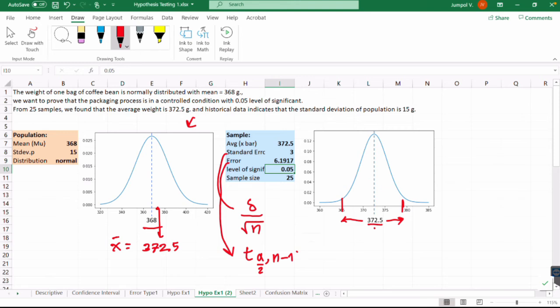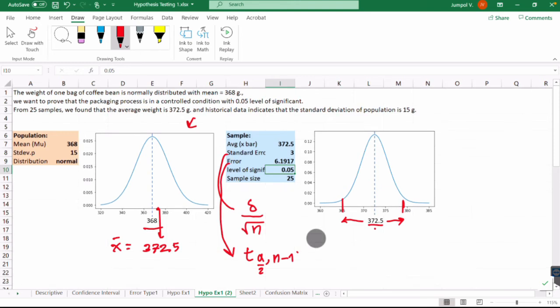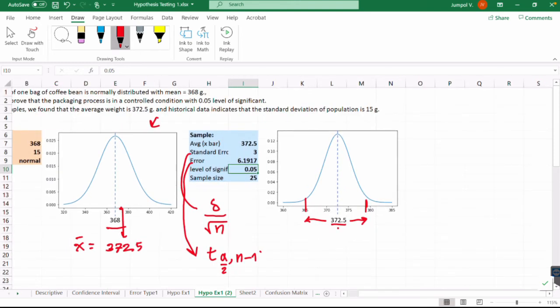So this lower bound is going to be 372.5 minus 6.2, and this is going to be 372.5 plus 6.2.